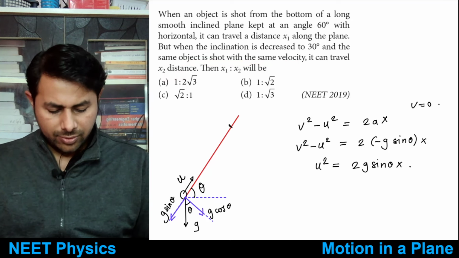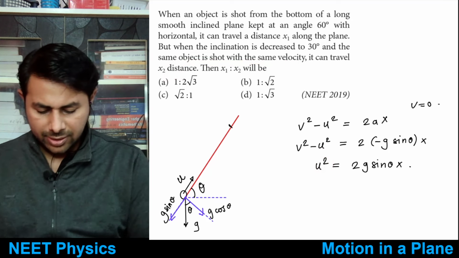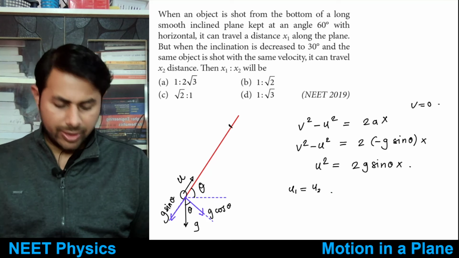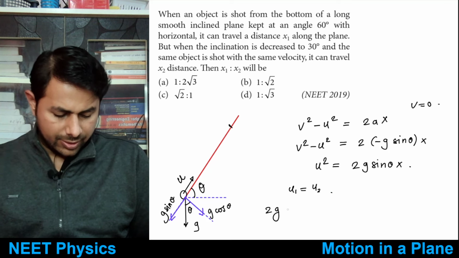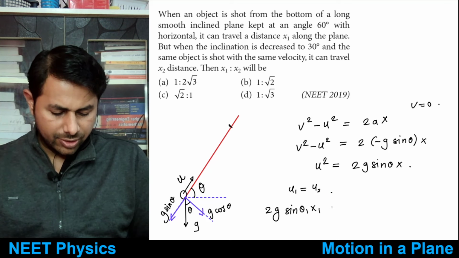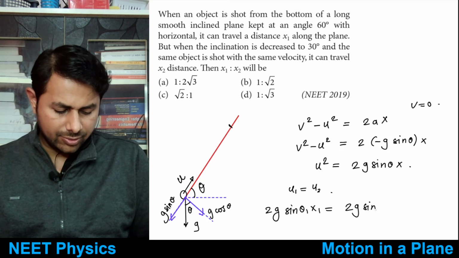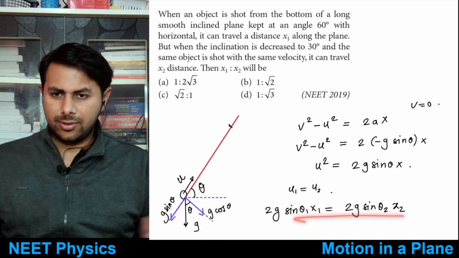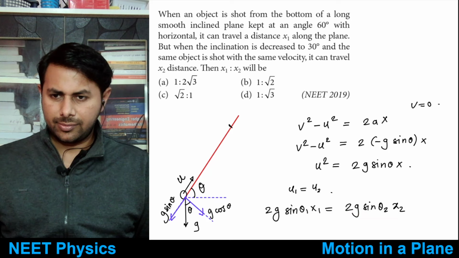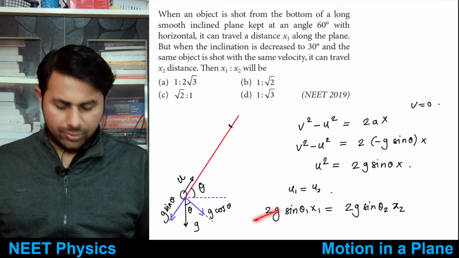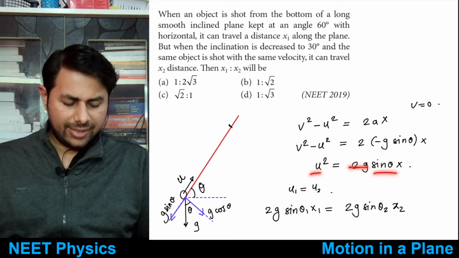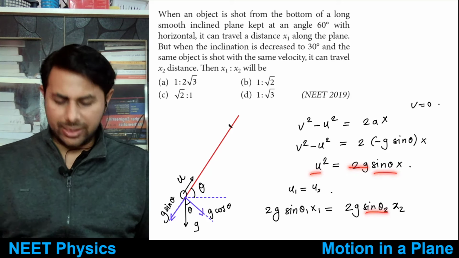So velocity is same, that means u1 is equal to u2. u1 is equal to u2, means what? 2g sine theta 1 x1 should be equal to 2g sine theta 2 x2. Right? This thing is clear? Okay, good. So 2g gets cancelled out. So u is same, means 2g is anyway constant. Sine theta 1 x1 is equal to sine theta 2 x2.